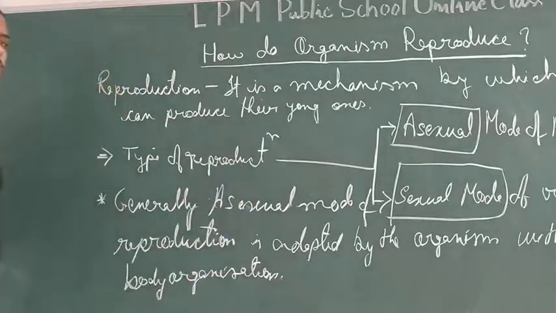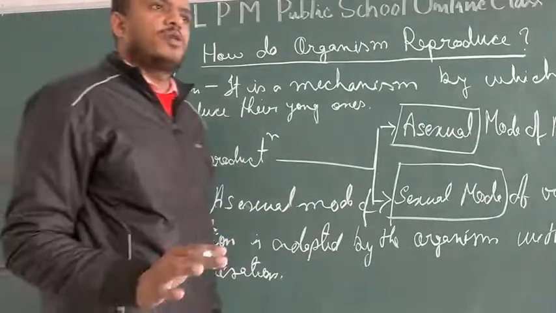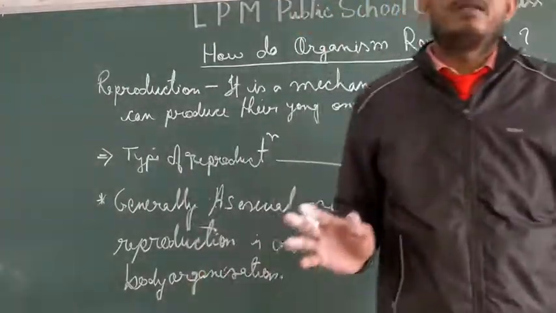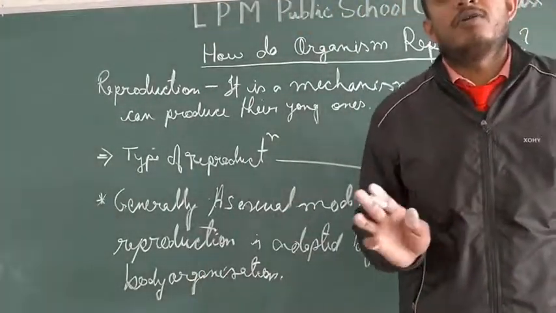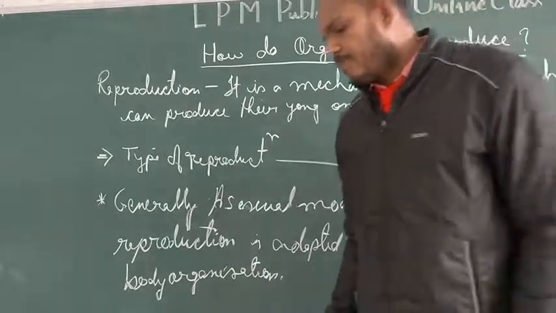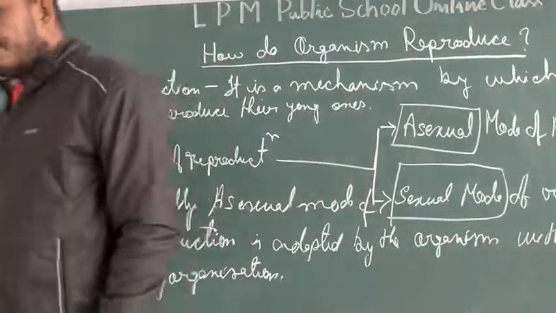Generally, the asexual mode of reproduction is adopted by organisms which have simple body organization.